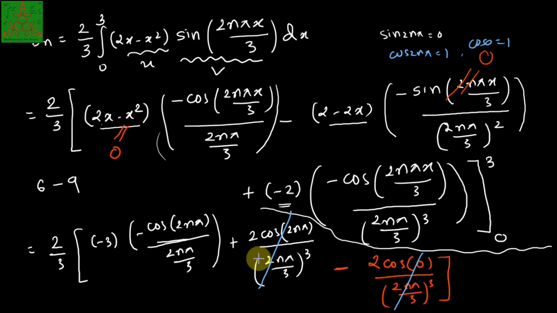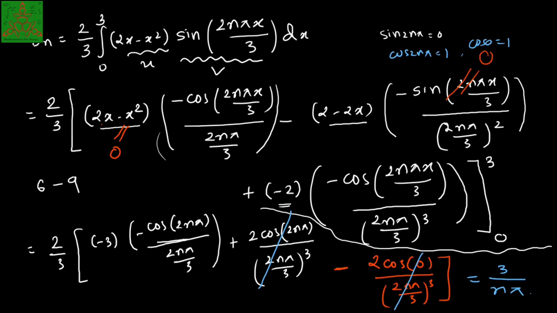This is of alternating sign, so that's why these two quantities are cancelled. Here this will become minus minus plus, and this 3 goes up, so it is 9. 1 3 is cancelled out, 2 is also cancelled out. So finally the quantity left in cos 2n pi is 1. So finally the quantity left is 3 by n pi. So that is your dn.